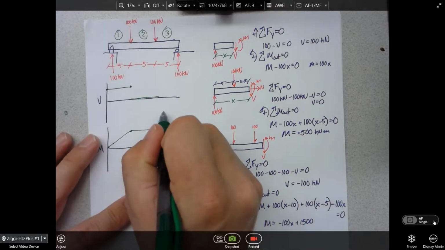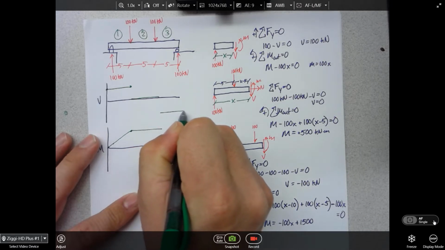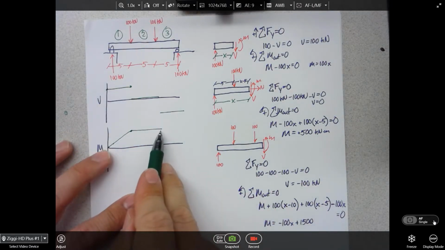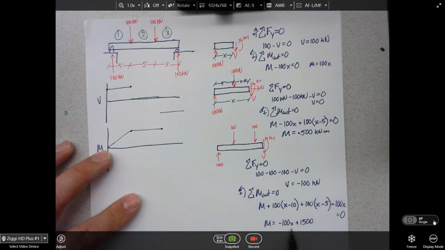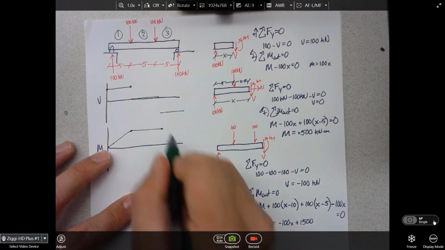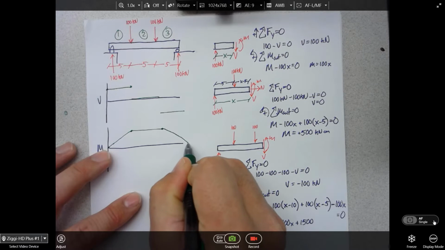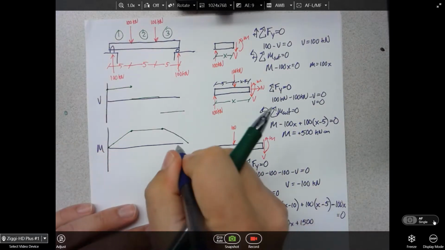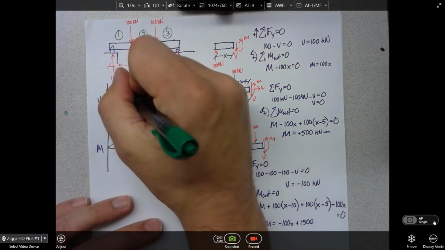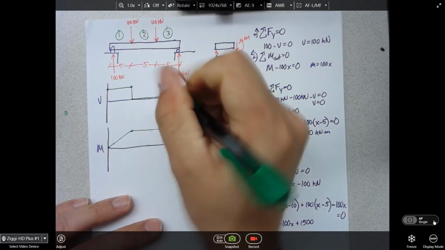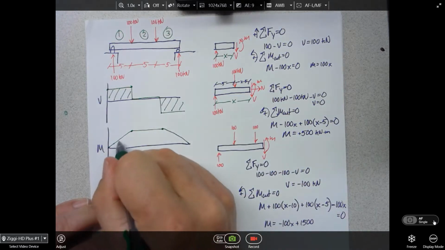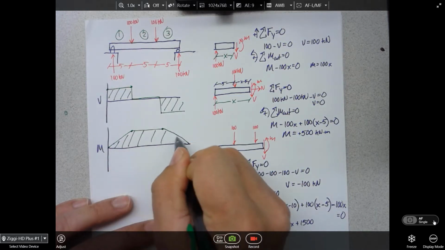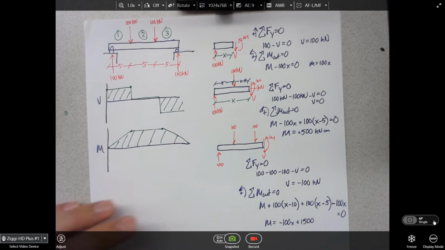So now let's plot these. At x equals 10, we'd have 500 for the moment, right? 1,500 minus 1,000. And then we're going down like so. Okay. And typically we connect our graphs at their discontinuities and then shade between the x-axis and the graph. Okay.